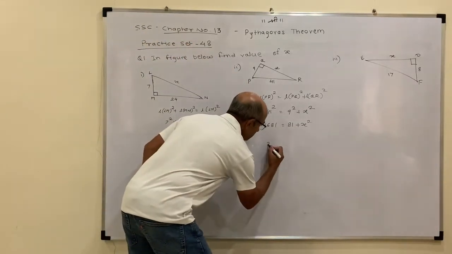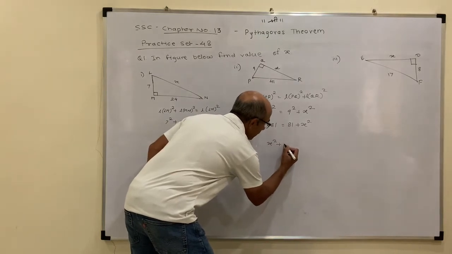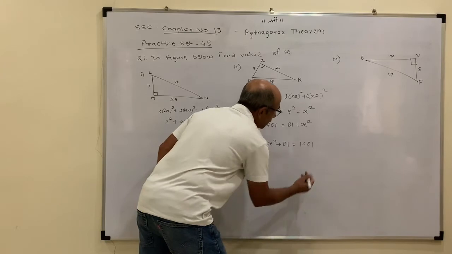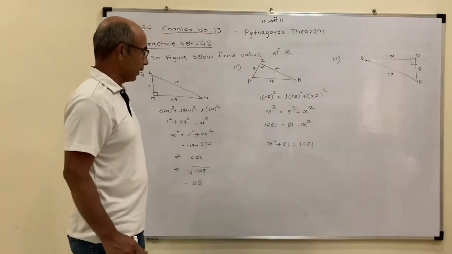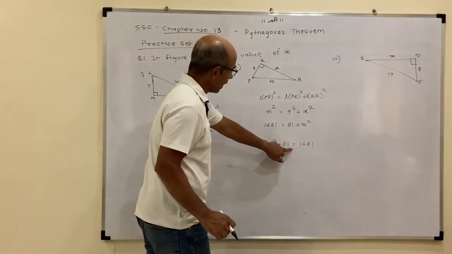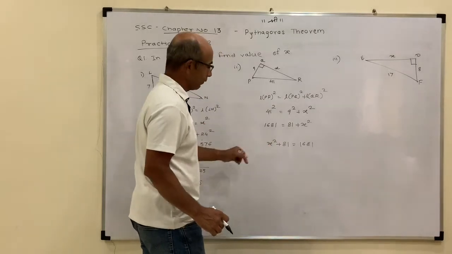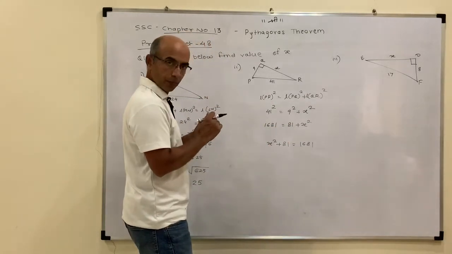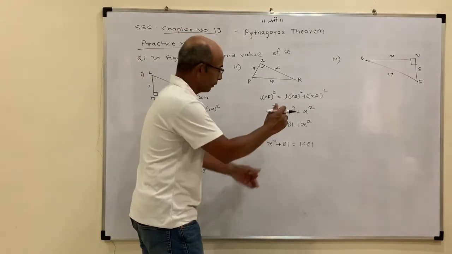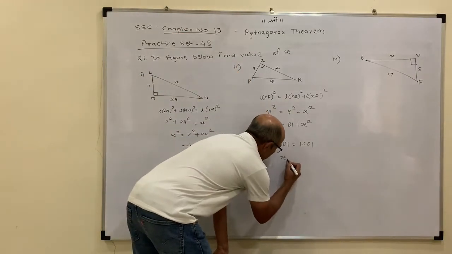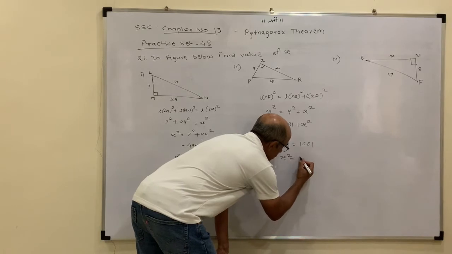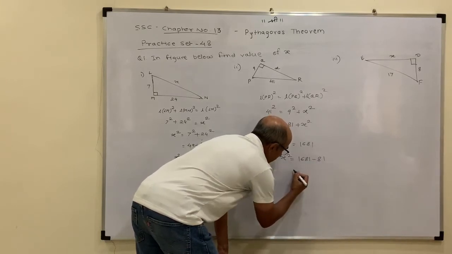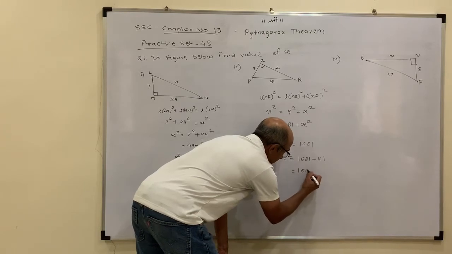So my x square plus 81 equals 1681. So now I'll transpose this 81 to the right hand side. When I transpose, it becomes the additive inverse. So x square will be equal to 1681 minus 81. So it comes out to be 1600.